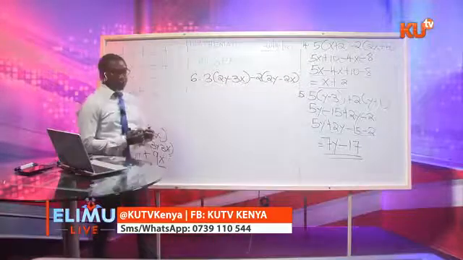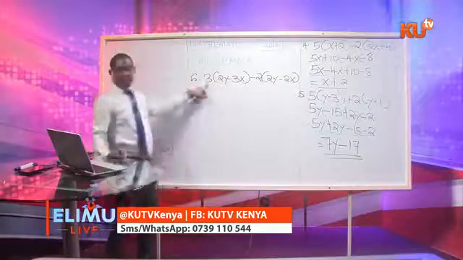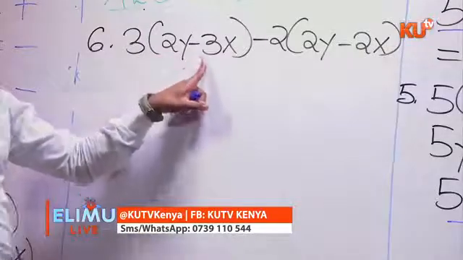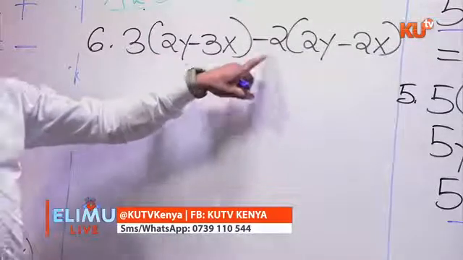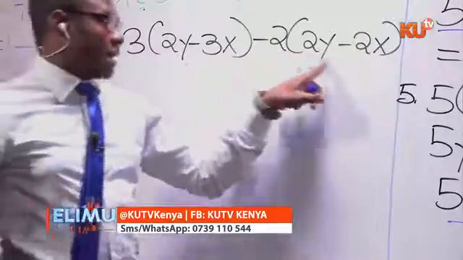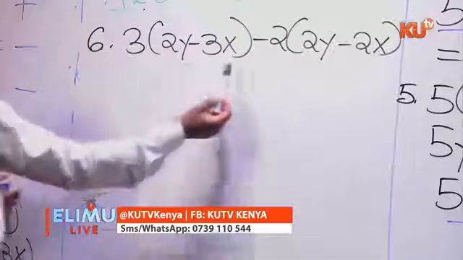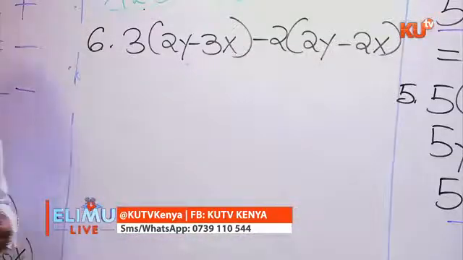So that is the next question that we have. If you look at this question, everything here is subtraction. So let's see how different it will be from the others.